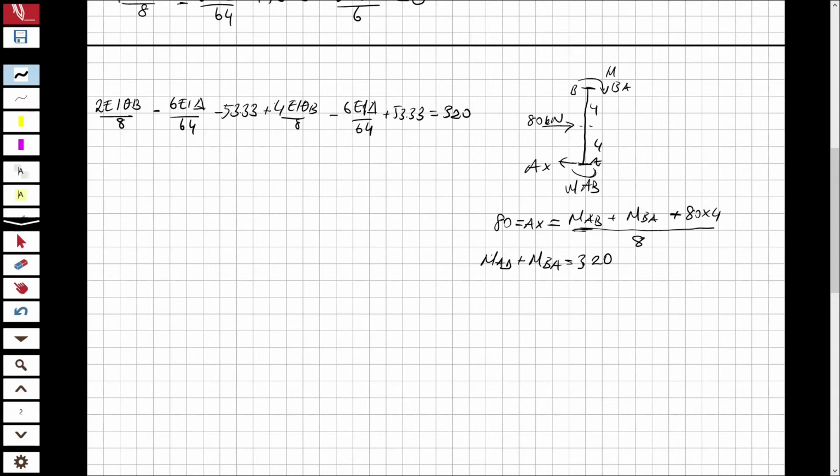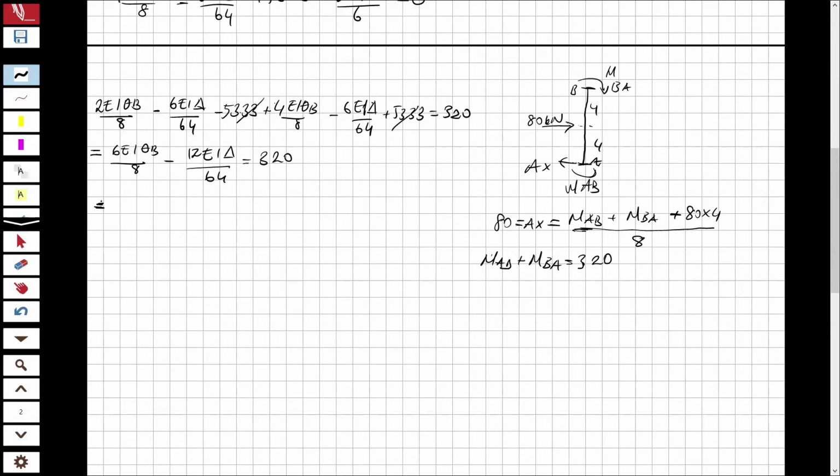Now this is negative and this is positive, so they cancel each other. From this equation, I obtain 2EI theta over 8 and 4EI theta over 8, that will be 6EI theta B over 8 minus 12EI delta over 64 equal to 320.